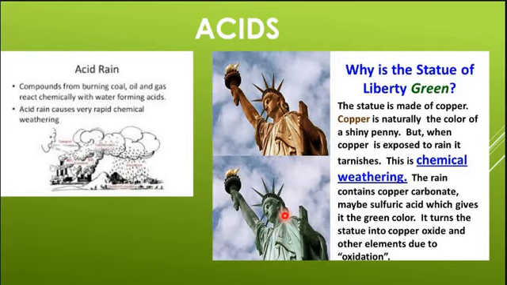Dahil sa acid rain, dahil sa composition nitong acid rain na to, ito yung naging dahilan kung bakit nag-turn into green ang color ng Statue of Liberty, no? So it turns the statue into copper oxide and other elements due to oxidation. So ang tawag sa process na yun ay oxidation, no? So yan, maisingit lang with regards to acid, or acid rain.